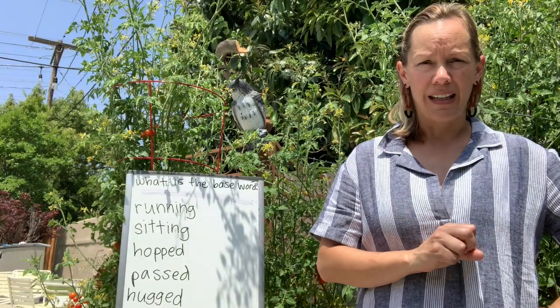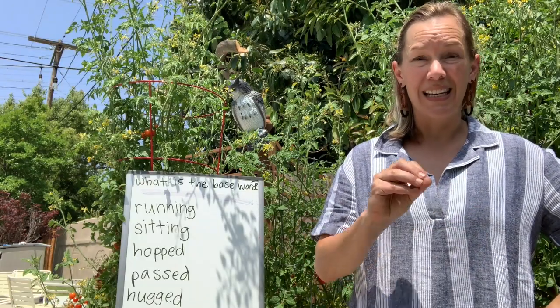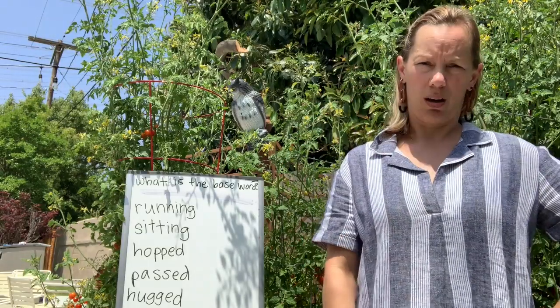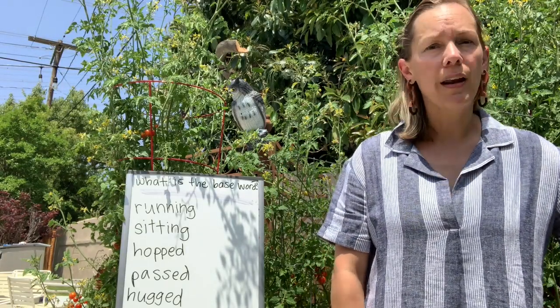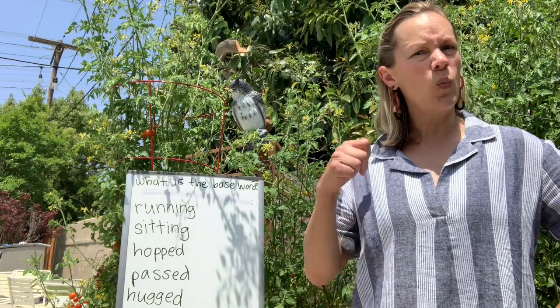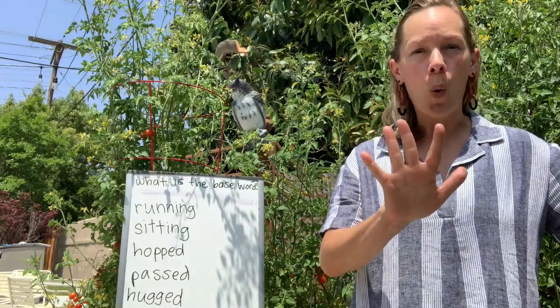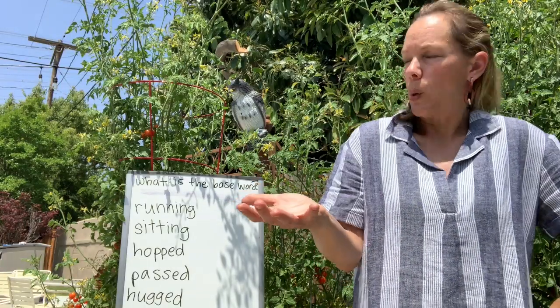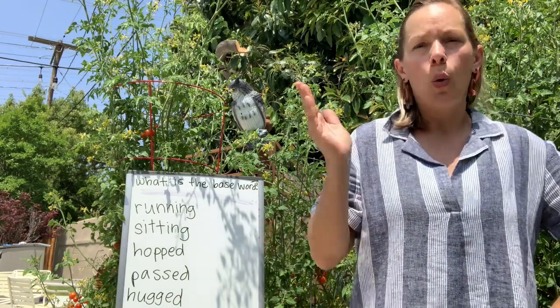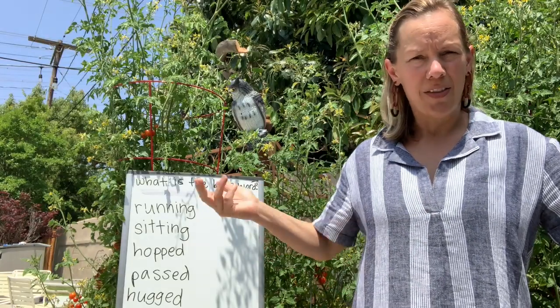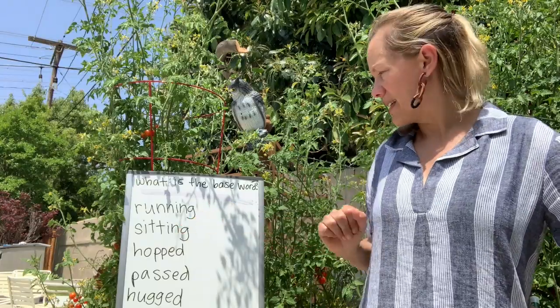And if it ends in vowel, consonant, e, we have to drop the e before we add the chunk. So we're gonna look at our words and we are going to guess, but not really guess because we know all of the rules. So we're gonna get the right answers. We're gonna put the base word next to the word on our list.